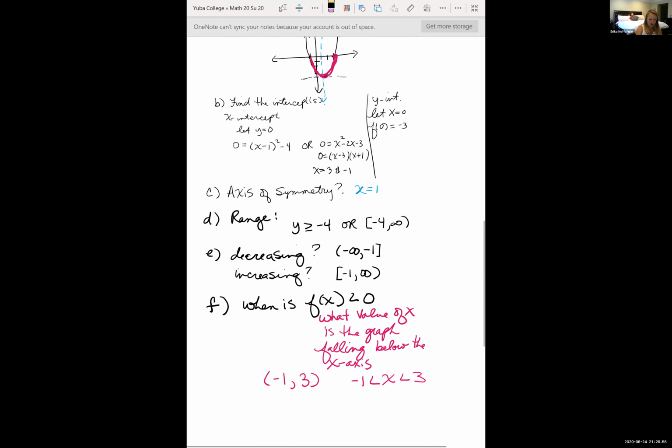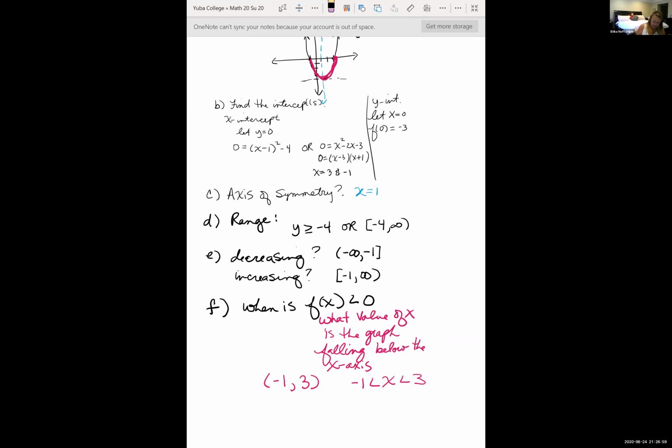So if it wanted to know when it is above the x-axis, or when is f of x greater than 0, you're going to actually have two pieces. You have this piece of x's when it's less than -1.